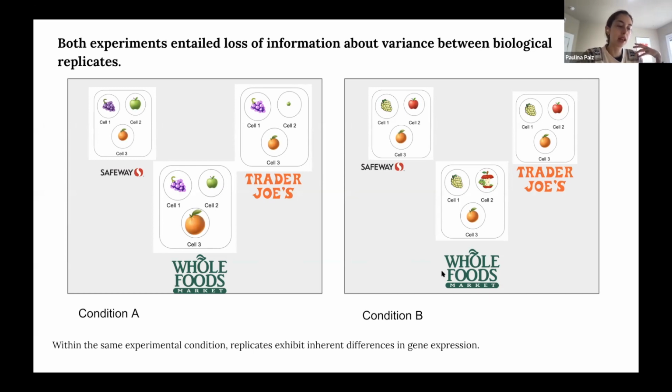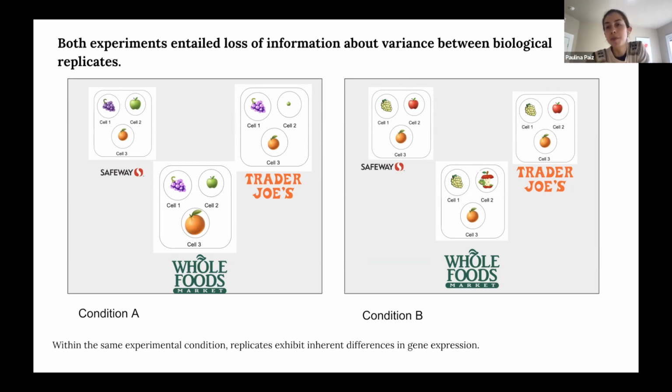So I extended the metaphor used for single cell methods of the fruit salad, which I'm sure all of you are familiar with. Variance between biological replicates in this metaphor would be, and I give credit to Fiorella for sharing this with me, for example, buying an orange from Safeway versus an orange from Whole Foods versus an orange from Trader Joe's. They're all the same oranges, but there can be differences between them.